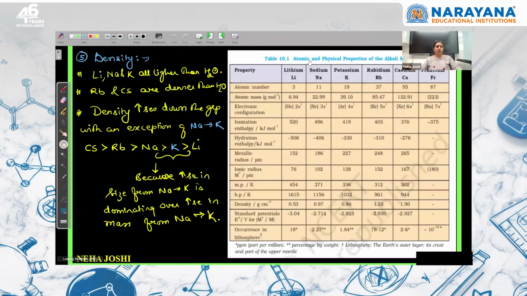So I was saying atomic and physical properties. See their ionization energy. Here they are talking only of first ionization energy: 520, 496, continuously decreasing, 419, 403, 376, 375. Well and good.